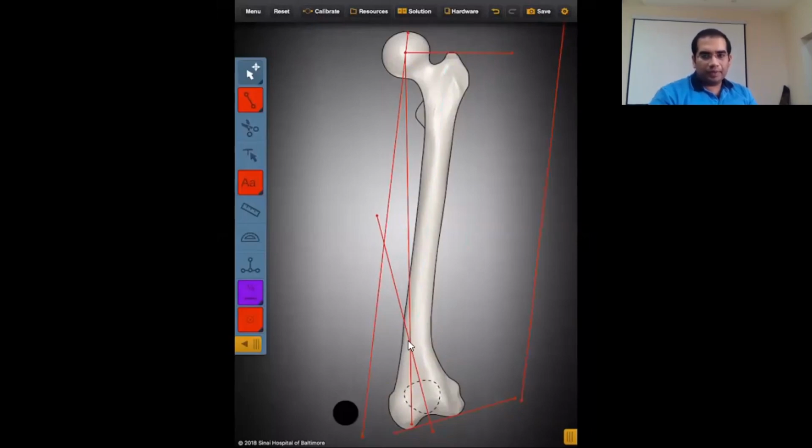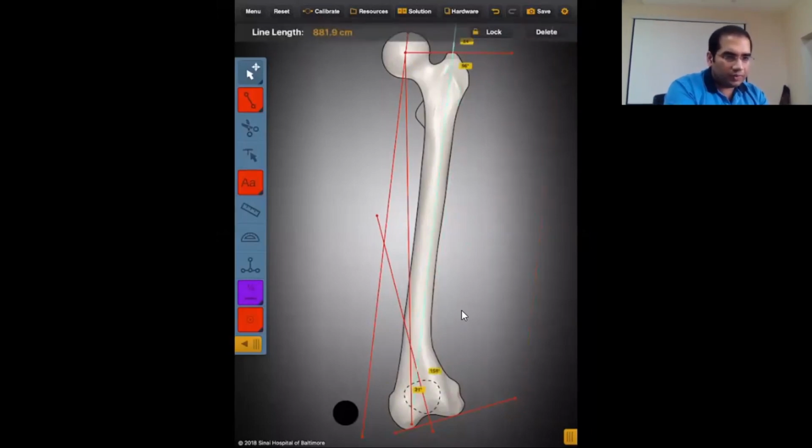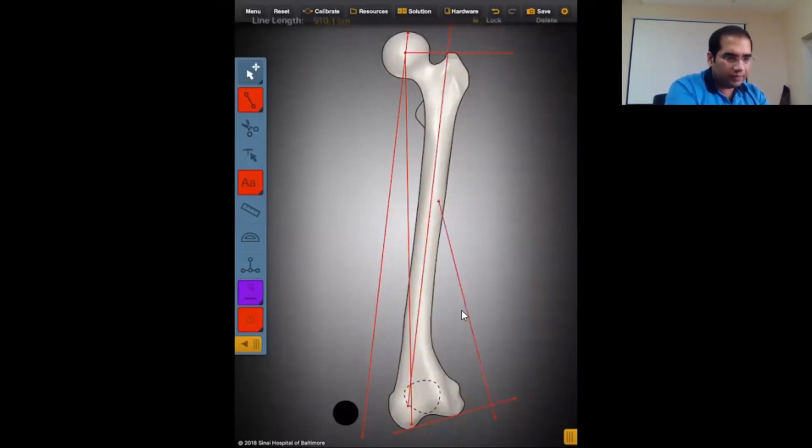Okay, this is the location of the deformity using the mechanical axis. And how are we going to measure the deformity using the anatomical axis? This was the mechanical axis line. Let me just slide these lines away.